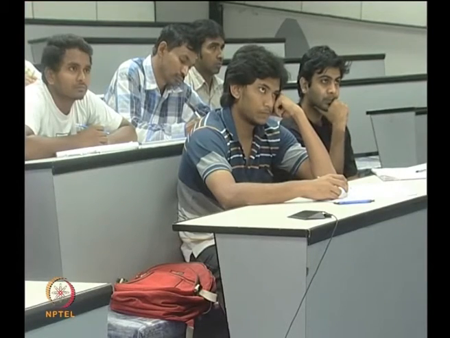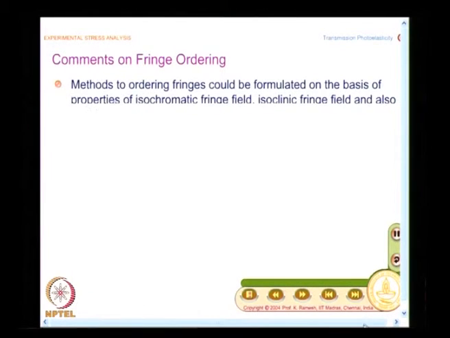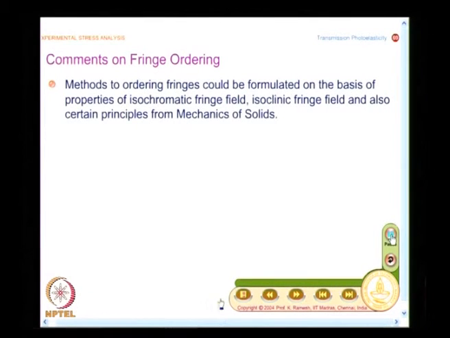So, what we have seen is we have also looked at the F sigma calculation, and now we have to go to a very important topic, which I said I will reserve separately, which is how to identify fringe orders, because I need to get fringe order n and F sigma for me to get stress values in any actual problem.